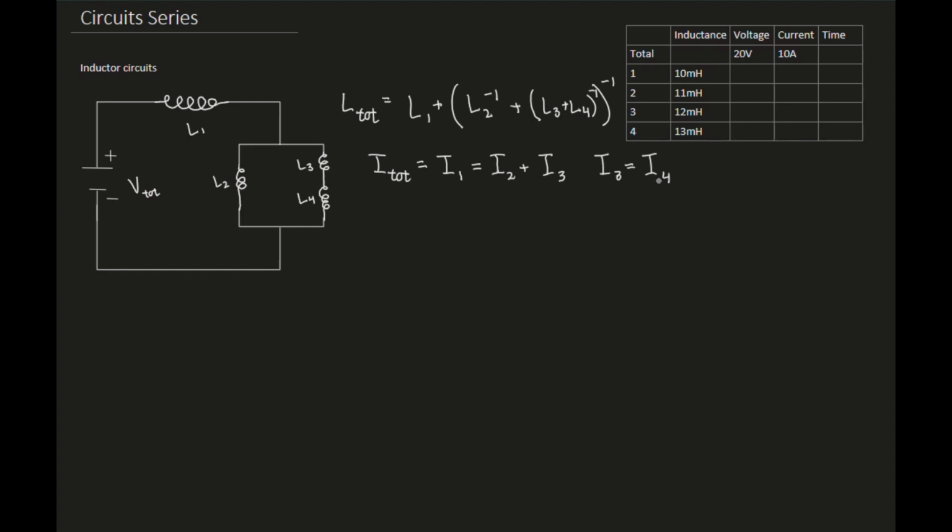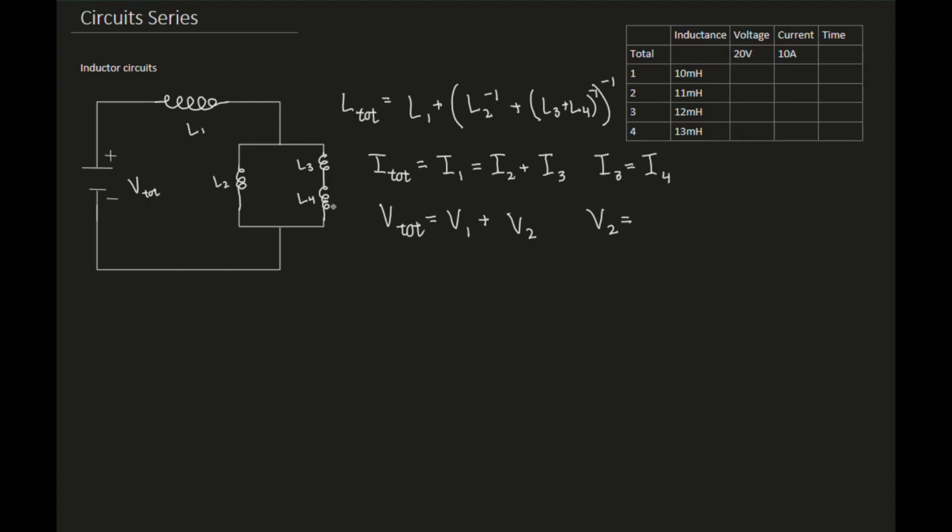And then the total voltage adds across in series and is the same in parallel. So it's going to be V1 plus V2, because V2 doesn't change once it's in that parallel. But V2 is going to equal this V3, 4 combo, which is in series, so that adds across it.